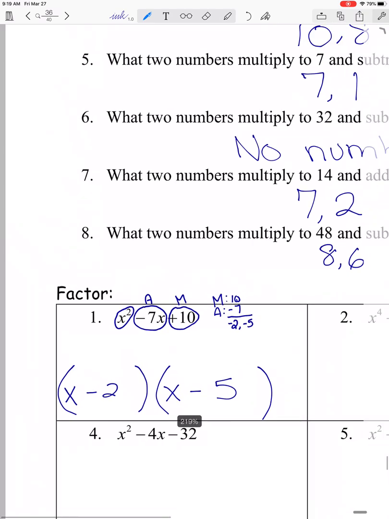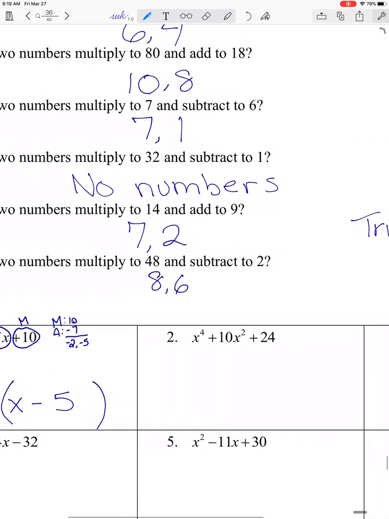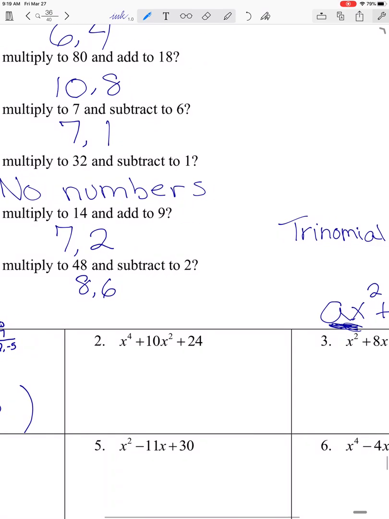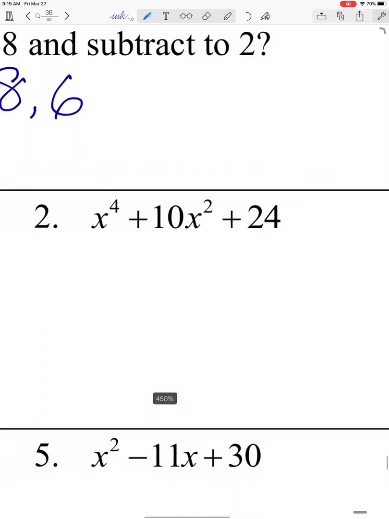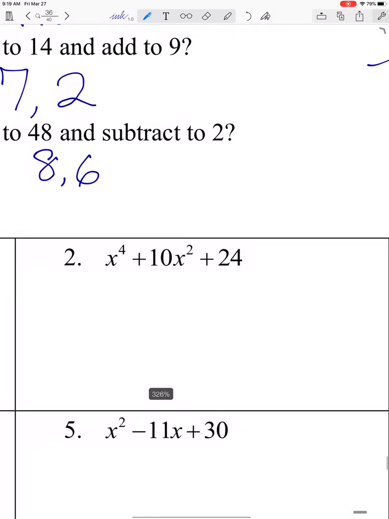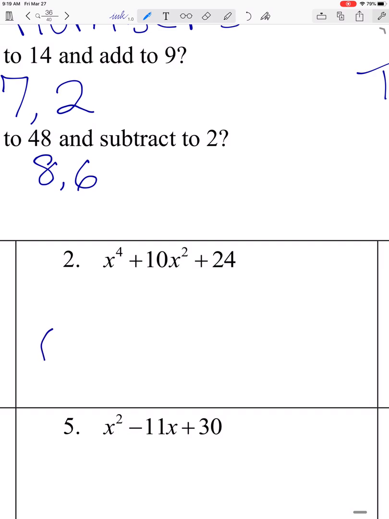So let's take a look at number 2. Same thing: we start off with a double bubble. This time we have an x to the 4th power.